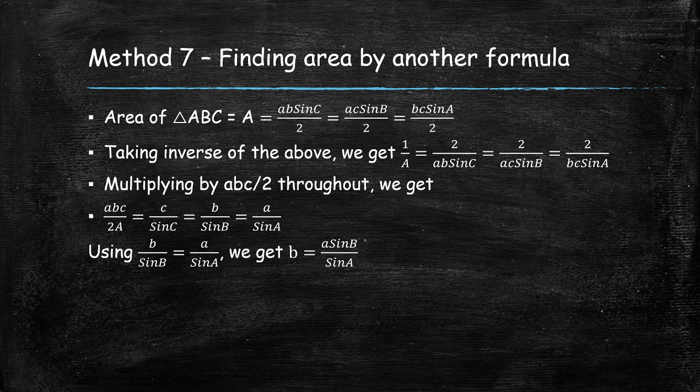So if we take B by sin B and A by sin A, we get B. We are just transposing sin B to the other side.